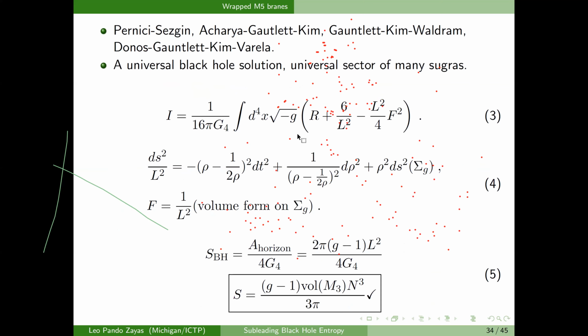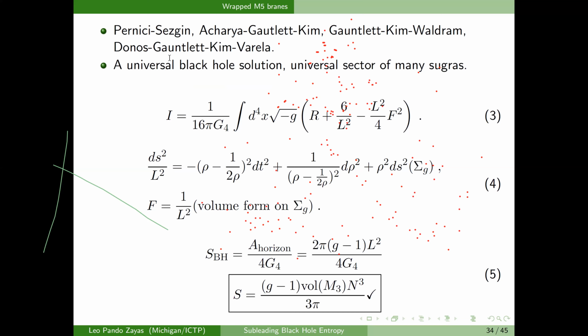Just to be a little bit more accurate, Pernici-Sezgin found this solution in 7 dimensions first, then Acharya, Gauntlett, Kim, Waldron. So all these characters found a better description, which is the one that I presented.